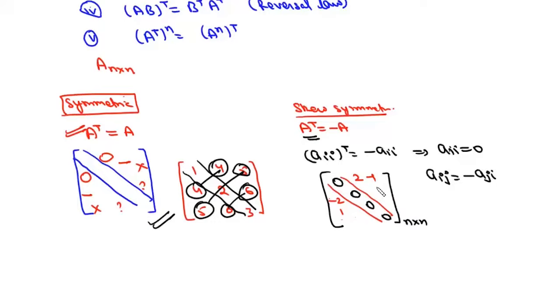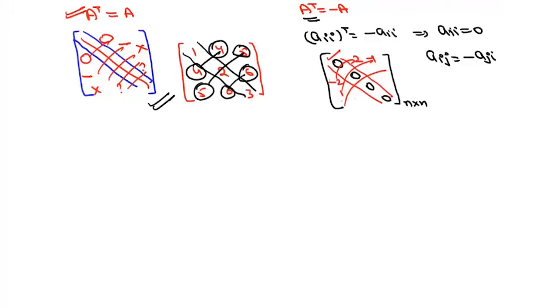So this is how we identify symmetric and skew symmetric matrices. For symmetric, elements must be symmetric about the diagonal, and for skew symmetric, all the diagonal elements must be 0, and across the diagonal, they must be numerically the same with opposite sign. If we have to find whether any matrix is a symmetric matrix or a skew symmetric matrix, all we need to do is take its transpose.